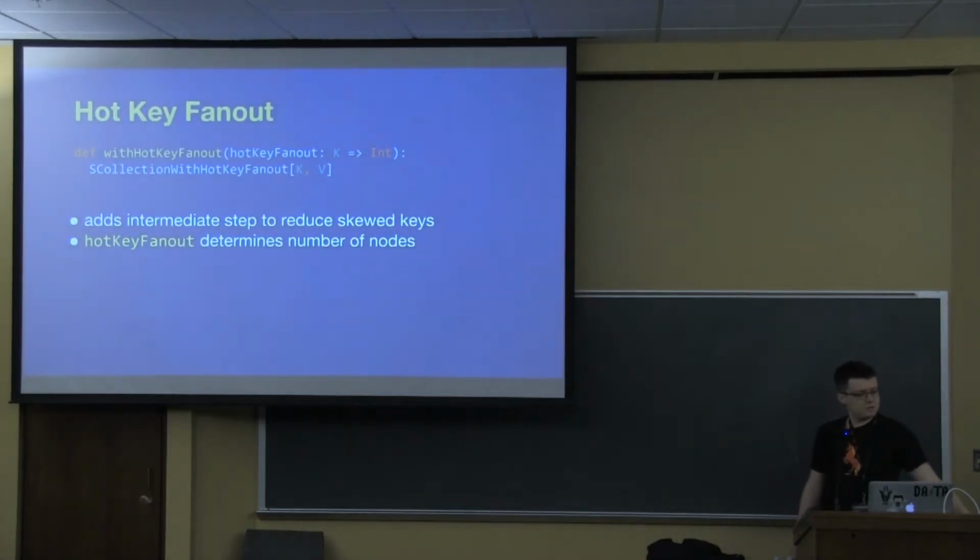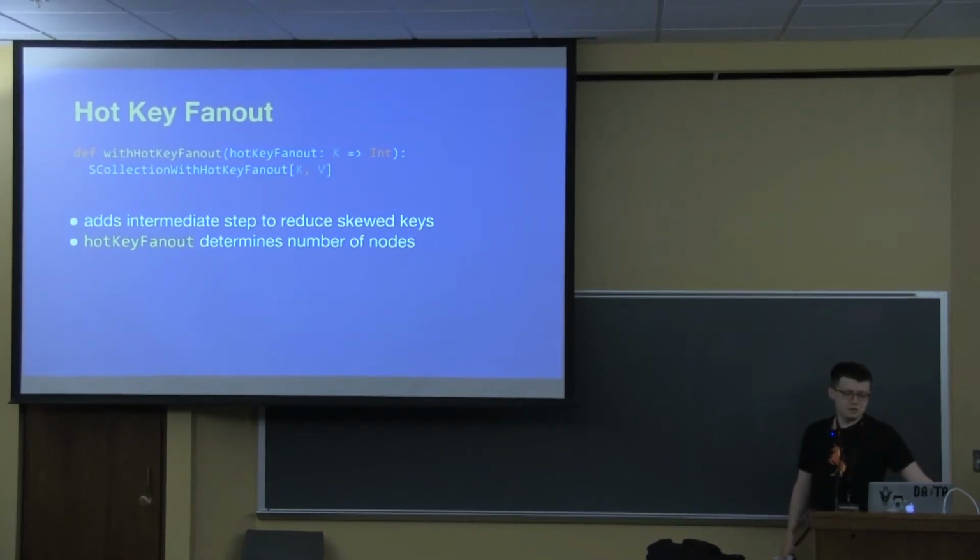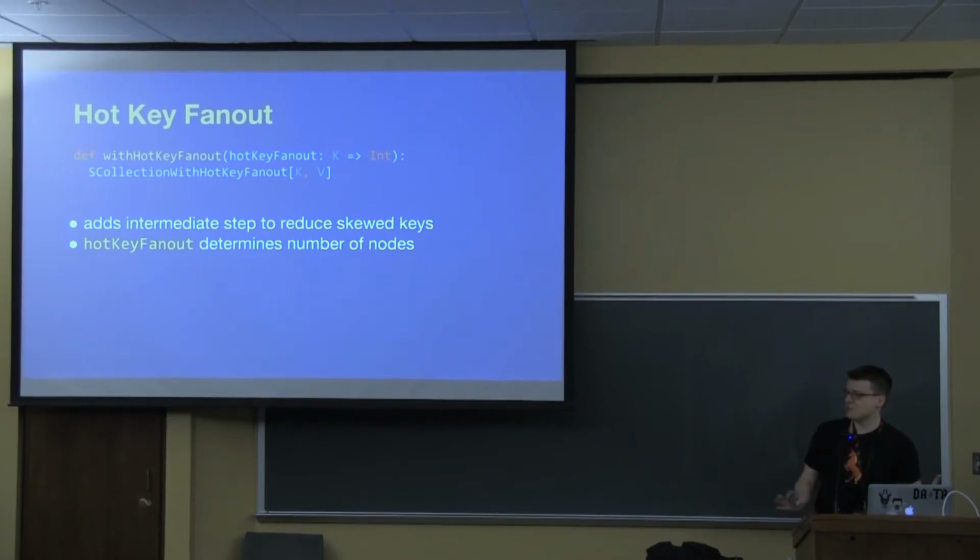So the first thing we have is called hotkey fan out. Basically, it introduces one more intermediate step where it applies a reduce operation, but instead of having it on one machine, it has it on n machines.